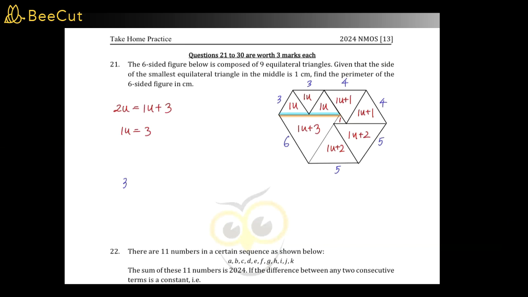So we add all the sides together. 3 plus 3 plus 4 plus 4 plus 5 plus 5 plus 6 equals 30. That's the perimeter of the 6-sided figure.